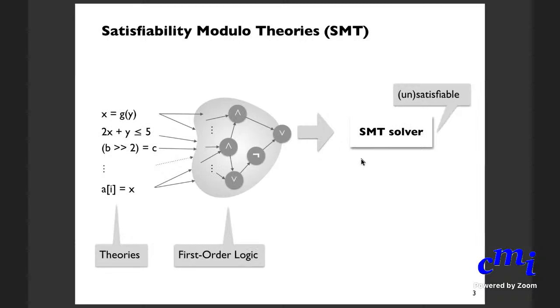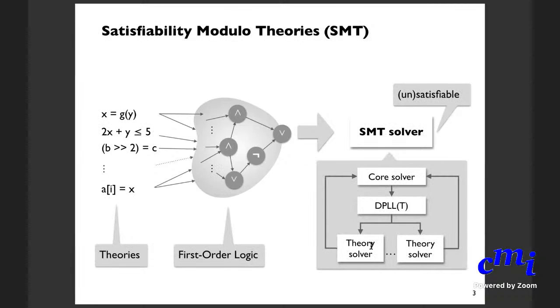And then what you really do is check the satisfiability or unsatisfiability of these kinds of formulas that are constructed. Now, I've just shown you a little bit of the overall top-level architecture of an SMT solver. Usually there is a core solver, something called DPLL, which takes care of the Boolean part of it. And then, for each of these theories, there is a separate solver.